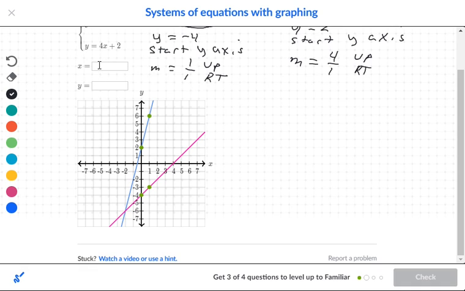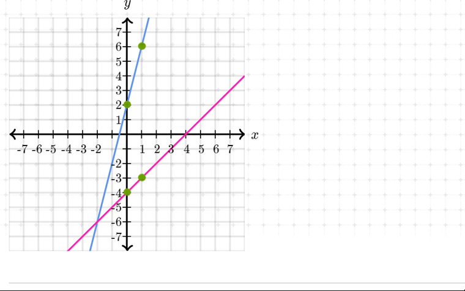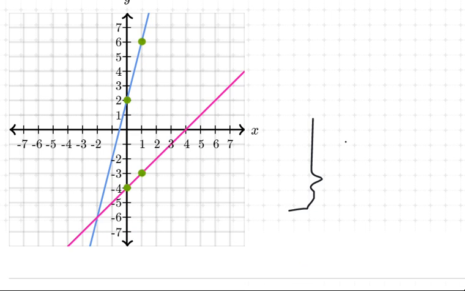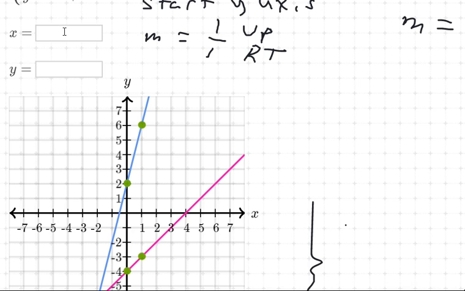Now we have to come up with the points here. So it's asking for what is the x and what is the y. So we have the screen a little bit larger now, so we can see that this is going to be negative 2 and then negative 6.